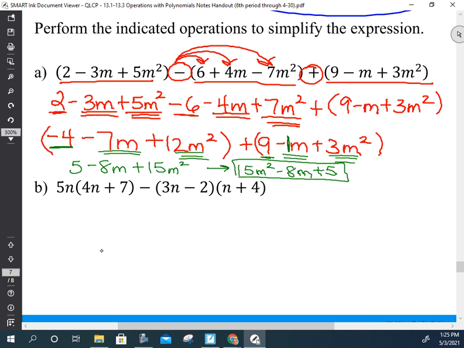Yes. Times a negative is positive. You look at what they're asking you to do, and then you follow the order of operations.